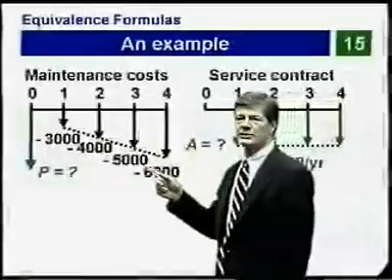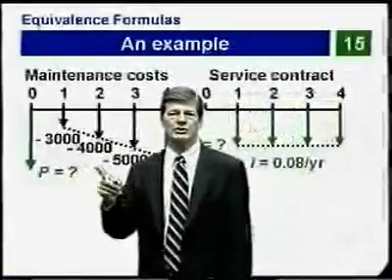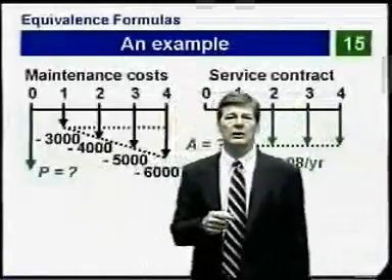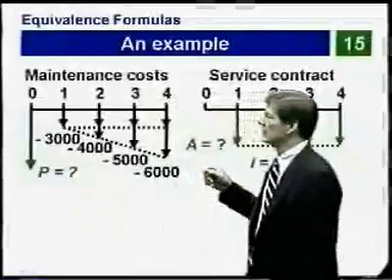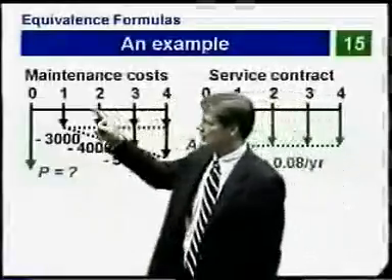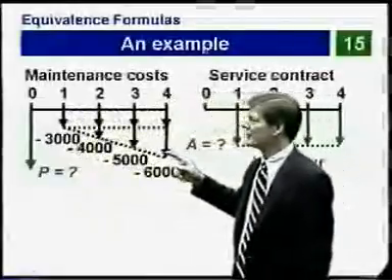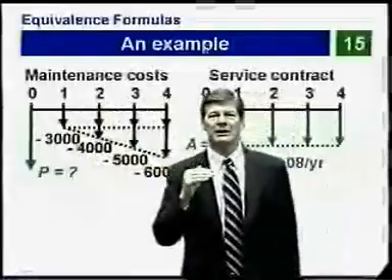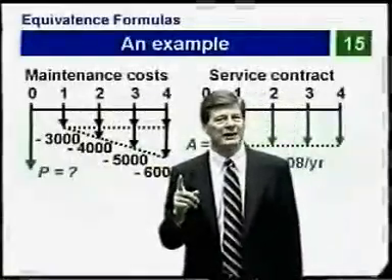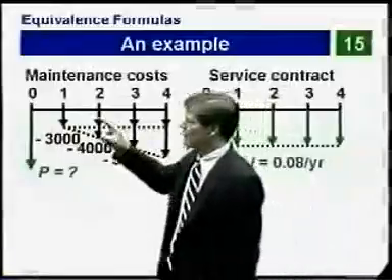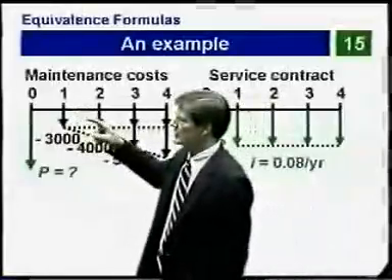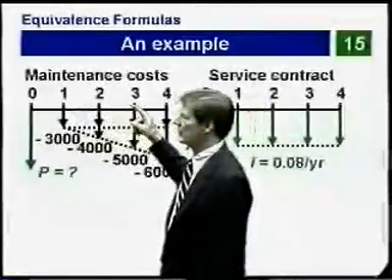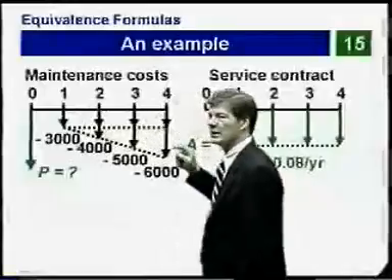So let's calculate the present sum P first. That's the first step. It would look like this. Notice, as I look at this cash flow stream, I really have two component cash flows. What I really have here is a uniform cash flow stream of $3,000 each year for 4 years.